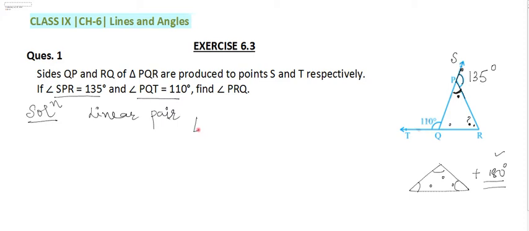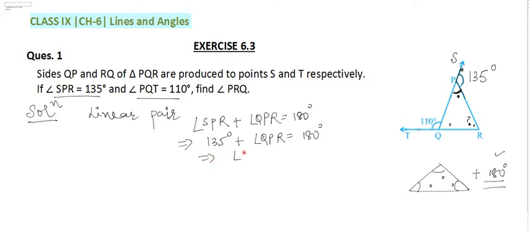So angle SPR plus angle QPR is equal to 180 degree. Let's substitute values. Angle SPR is equal to 135 degree. Angle QPR we don't know, we have to find out this, equal to 180 degree. Now angle QPR is equal to 180 degree minus 135 degree, which comes out to be 45 degrees.